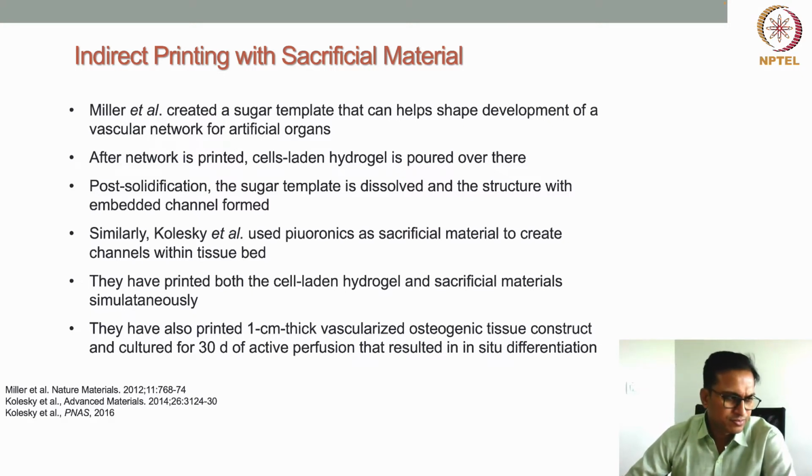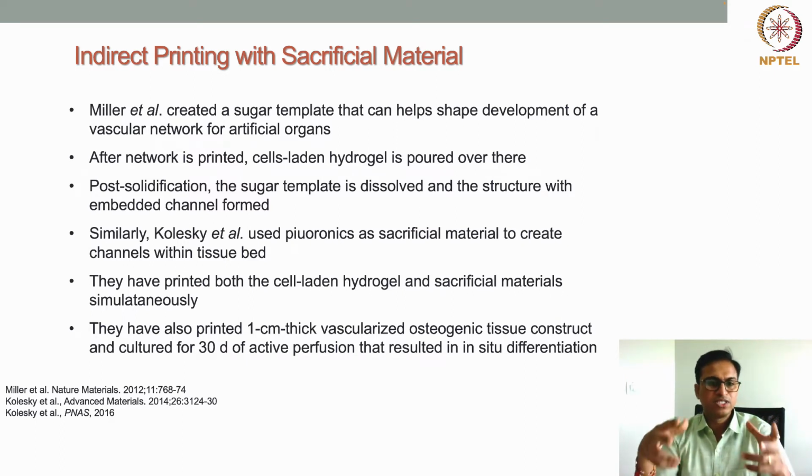But we cannot control the positioning, because it's a molding technique. First the sugar template was 3D printed, but then the cell and hydrogel was poured in using a mold. So the sugar template was used as a cast to print that customized tissue construct.